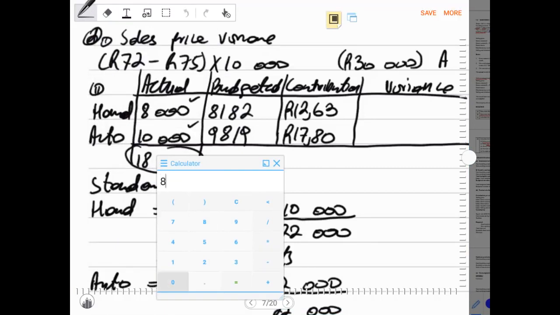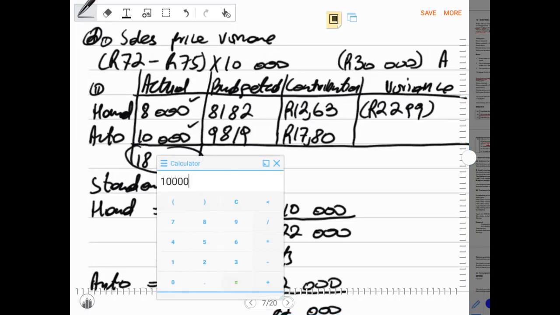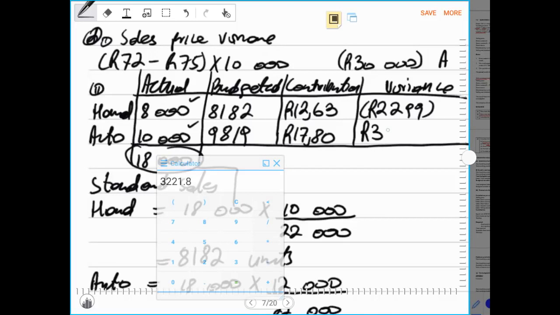per unit. So we have 8,000 minus 8,182 units, times this by 12.63. It gives us an unfavorable variance of 2,299. Then we have 10,000 minus 9,819, and we multiply this by 17.80, and this gives us a favorable variance of 3,222.